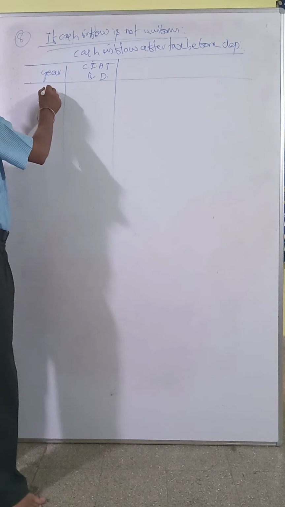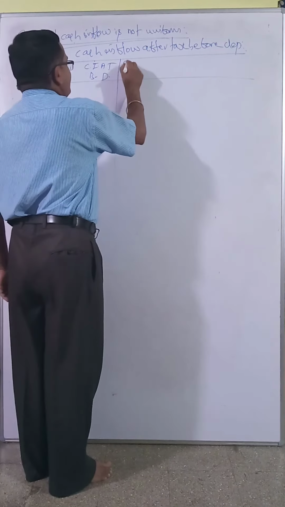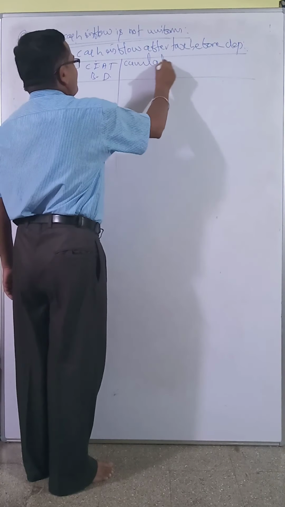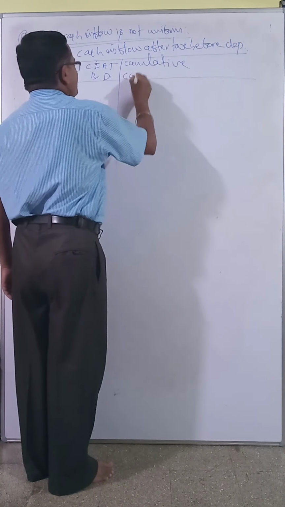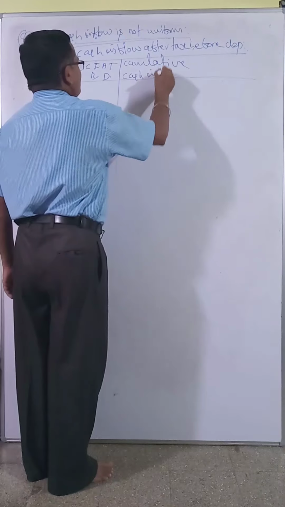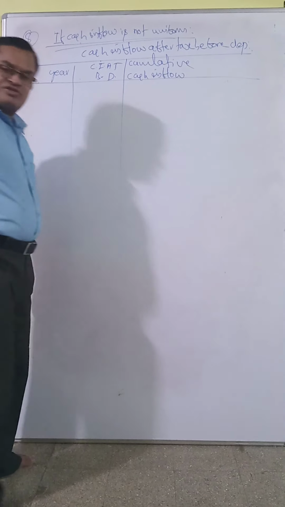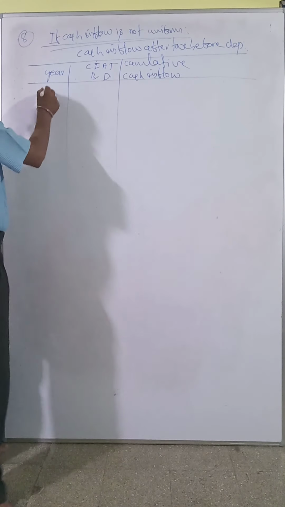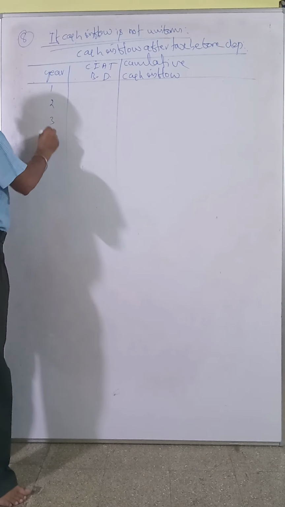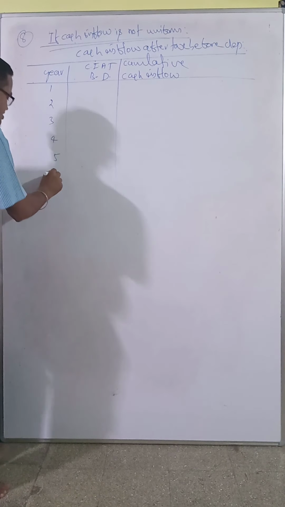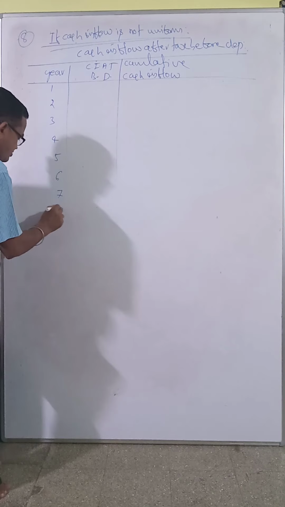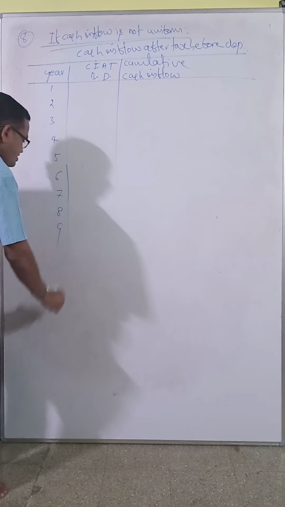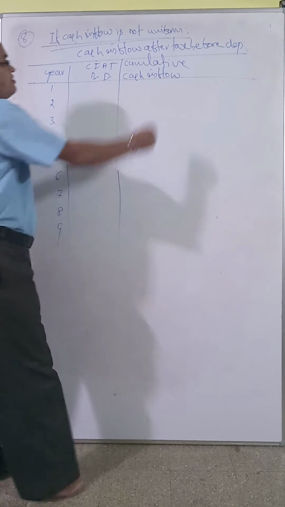And one more column is cumulative cash inflow. Here they gave years 1, 2, 3, 4, 5, 6, 7, 8, 9. Nine years are given in the question.